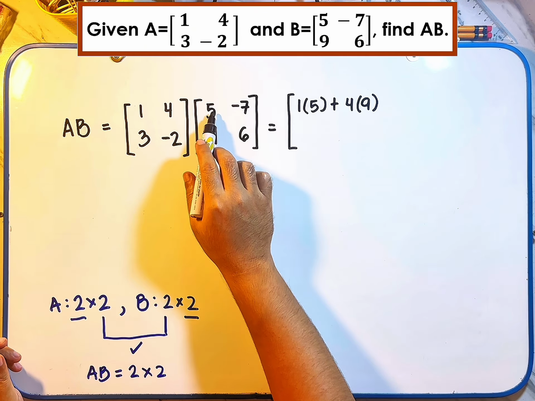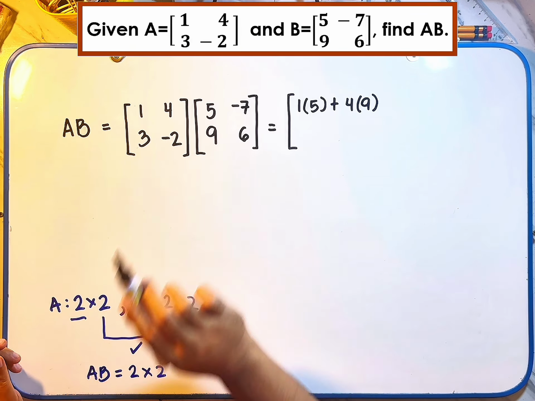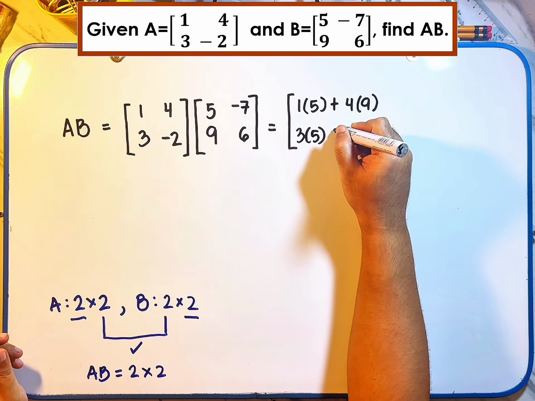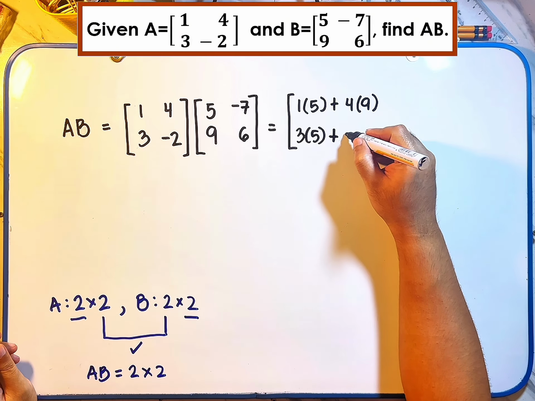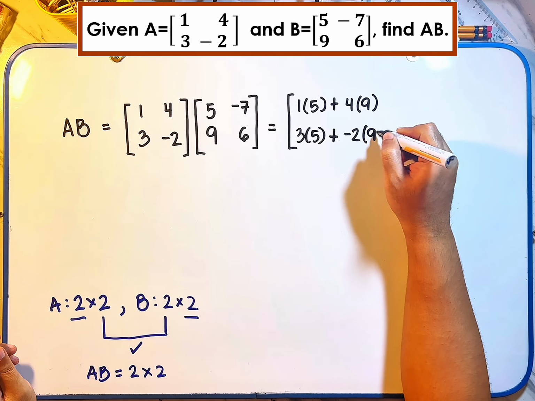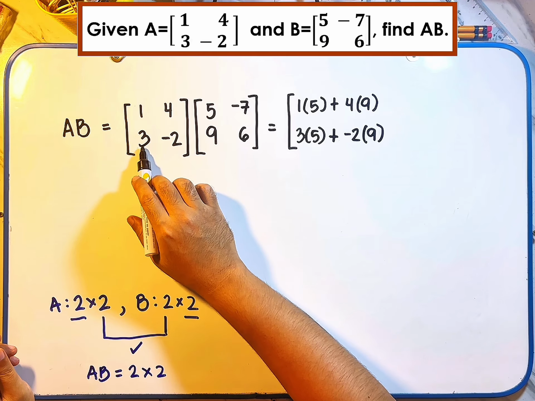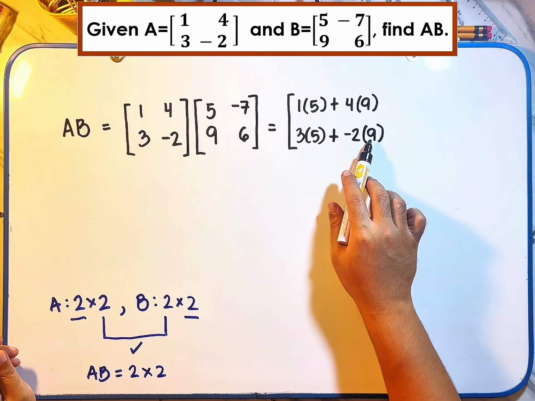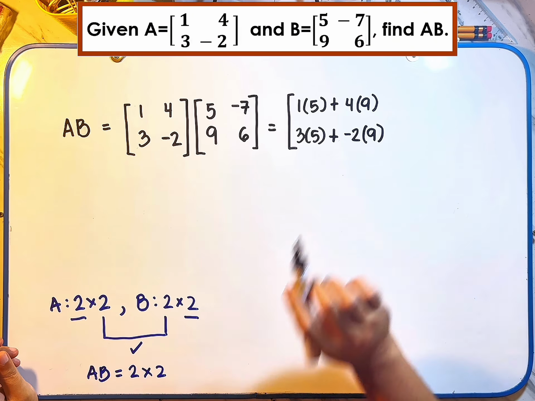Next, let's multiply the second row to the first column. So 3 times 5 plus negative 2 times 9. And since we're multiplying the second row by the first column, this element right here is the element in the second row, first column.